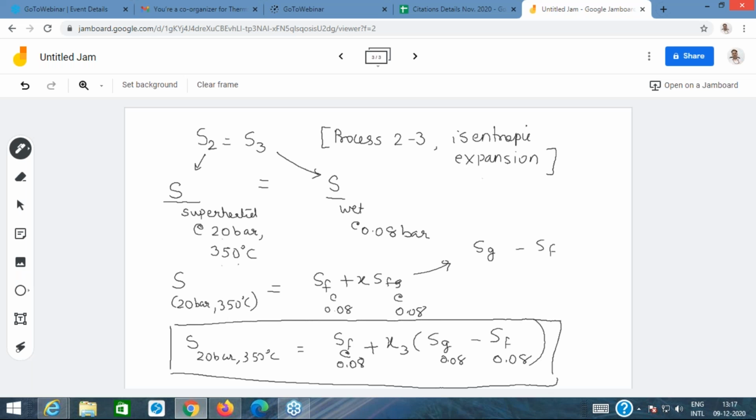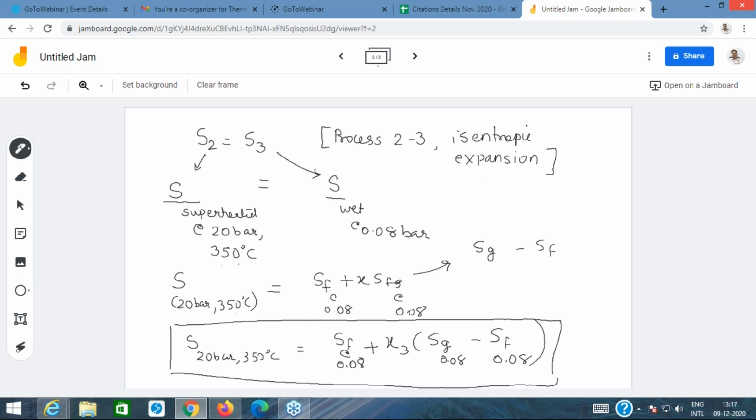It means entropy at 20 bar 350 degrees centigrade is equal to Sf plus x times Sg minus Sf. What is this expression? This expression is the entropy of wet steam, and the pressure is 0.08 bar. Right?